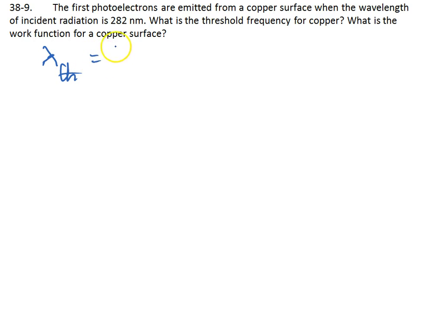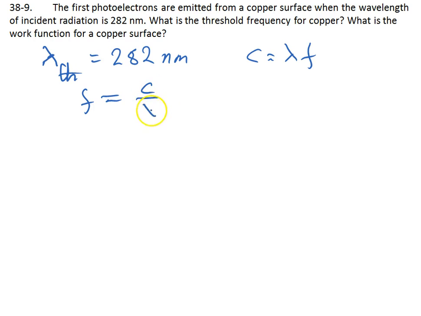So the threshold wavelength is 282 nanometers, and we're asked for frequency. We know that velocity is the wavelength times the frequency, and as we want the frequency, we divide both sides by wavelength to find frequency is equal to velocity divided by wavelength.